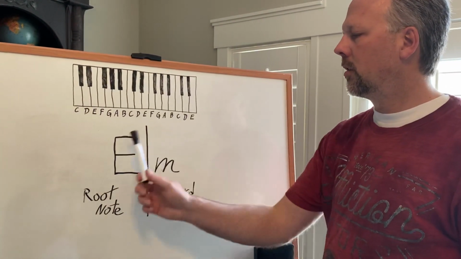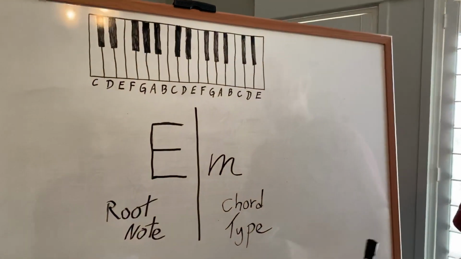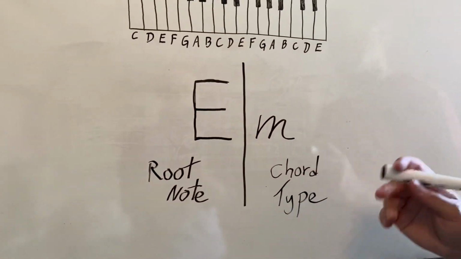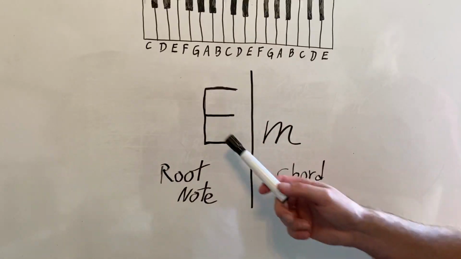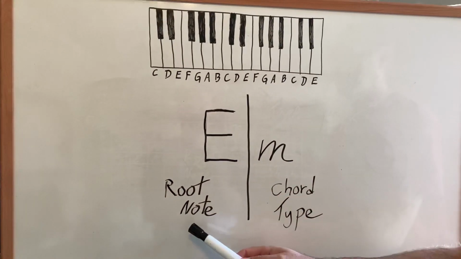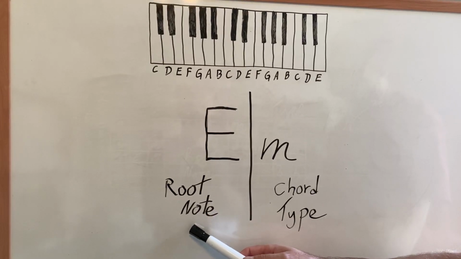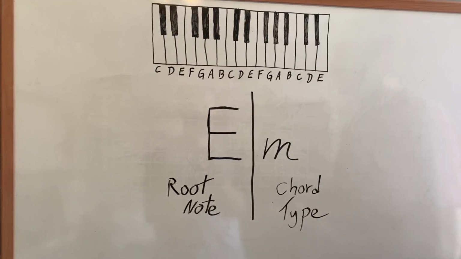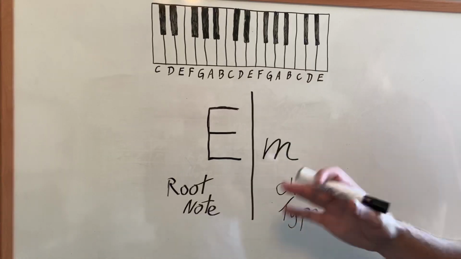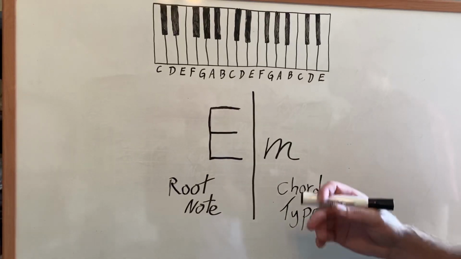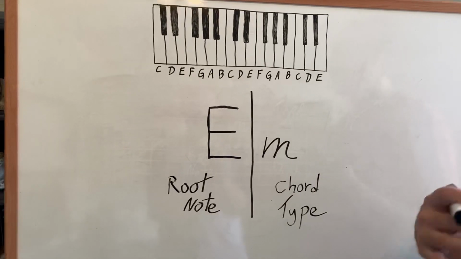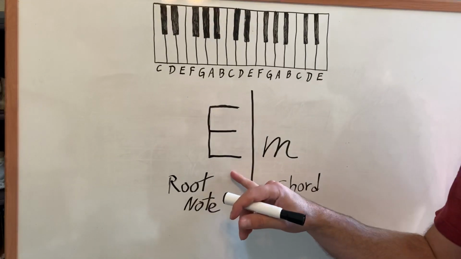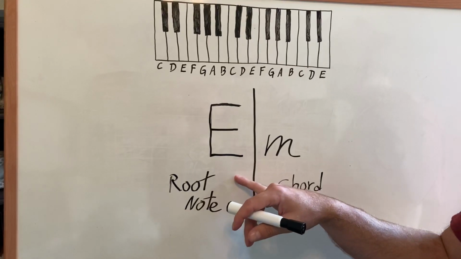You'll notice up here I've broken down a chord into two parts. There's this side, which is the E side, which is basically the root note of the chord. Remember that the root note is the note that defines the chord, defines the scale. It's the number one, the tonic, and it's typically the most important note to know where it is on the neck.